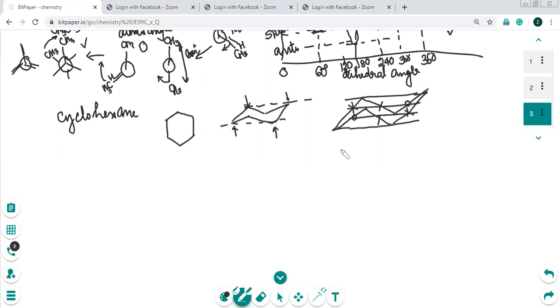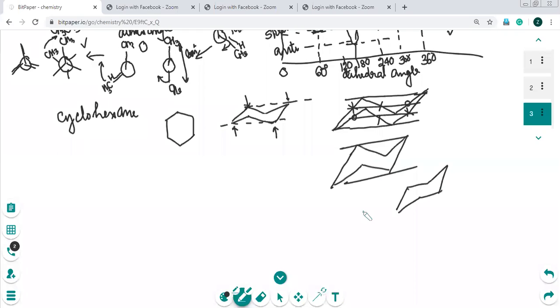So I will suggest you draw 2 lines first, then connect. See, something like this you can draw. Don't try to draw like this. This will confuse you.